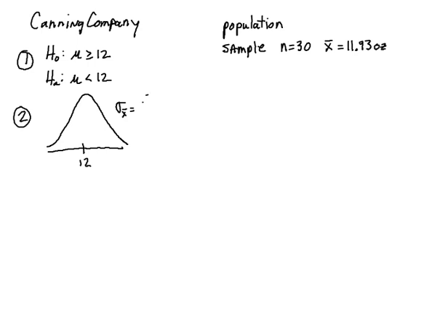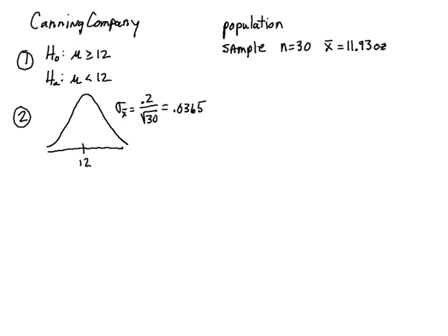In this case, it's based on a planning value or a strong estimate for the population standard deviation, and we take that value and divide by the square root of 30 to get 0.0365. So there's our measure of variation.